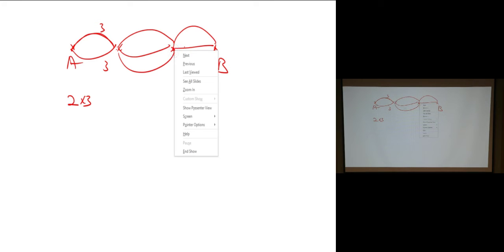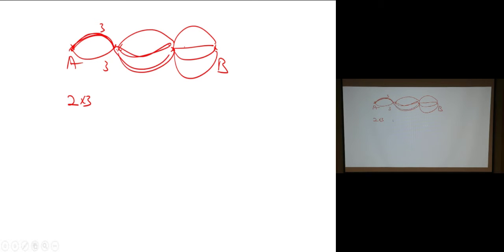Why 6 ways? Because this is the first way, second way, third way, and so on, and for each there are the 1 way, 2 way and 3 way. So altogether there are 2 times 3. Then from here onwards, each of these paths has another 4 ways to do it. So I have 6 times of them, and I multiply by 4.